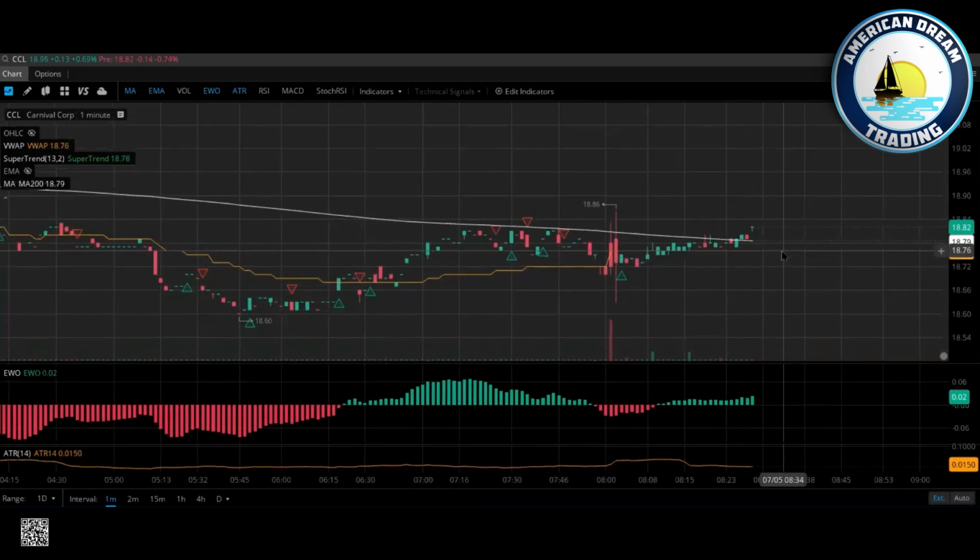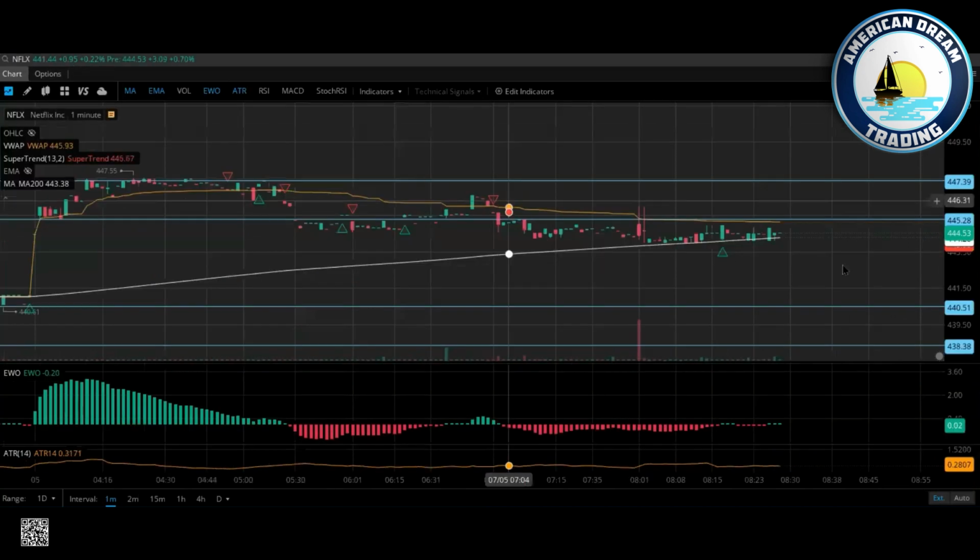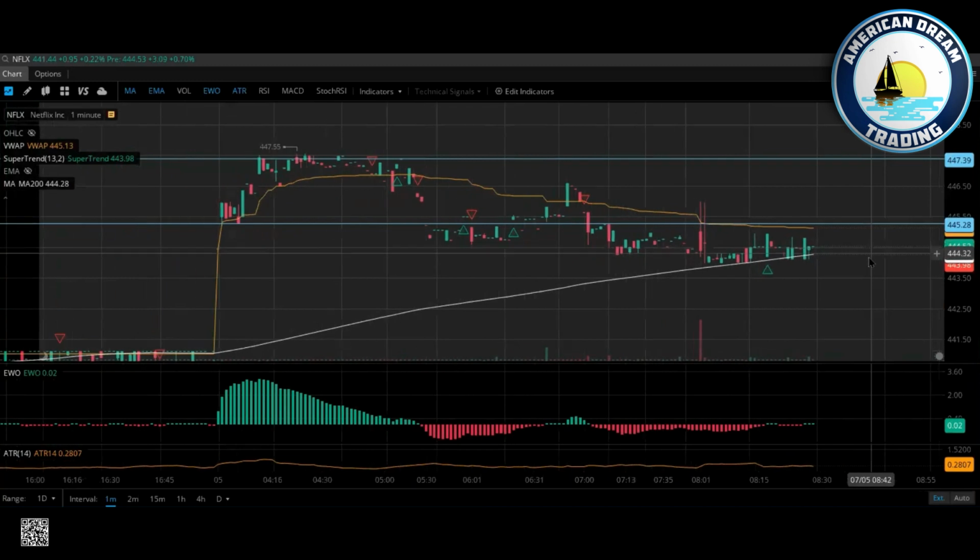You see here, if it doesn't get a lot of volume and you start getting these weird little dots versus candles, that means it's going to be hard to move, right? There's just not a lot. If you look at the volume, it's only got 286K volume. That's why I like to use a Tesla or an Apple, right? Netflix obviously would be a little bit harder.